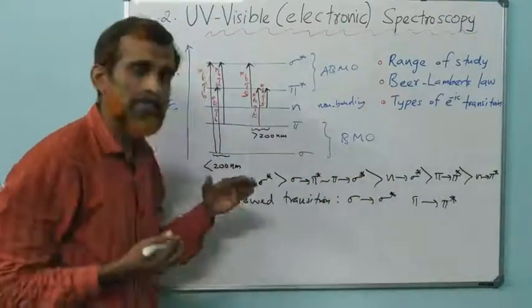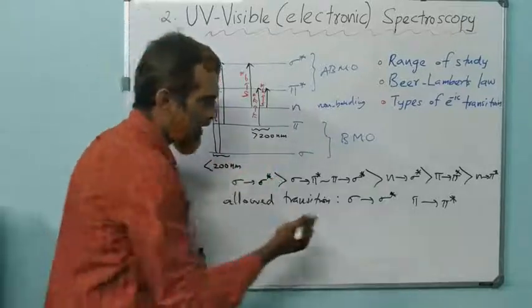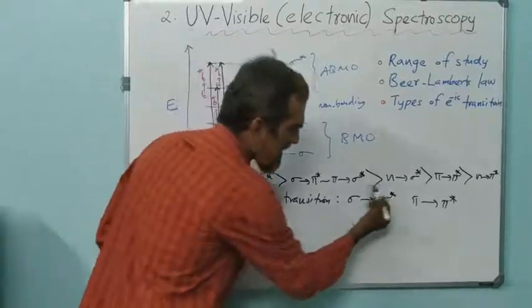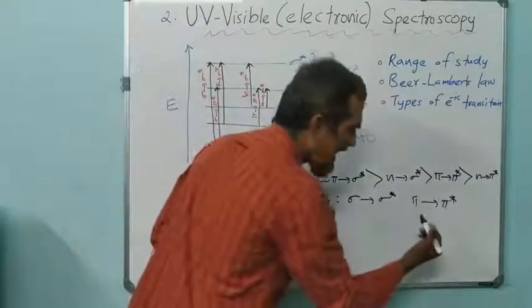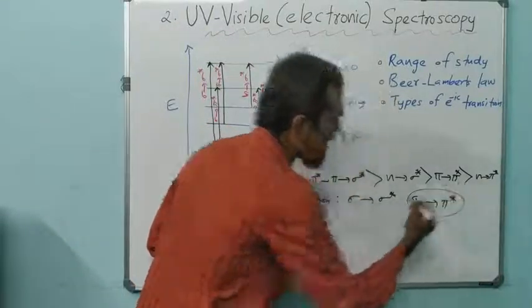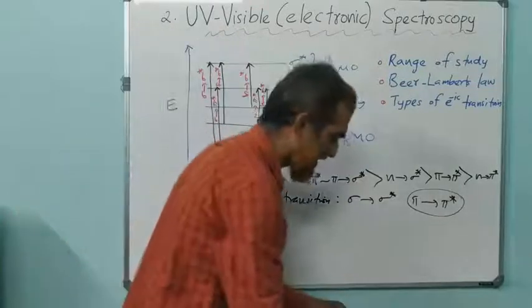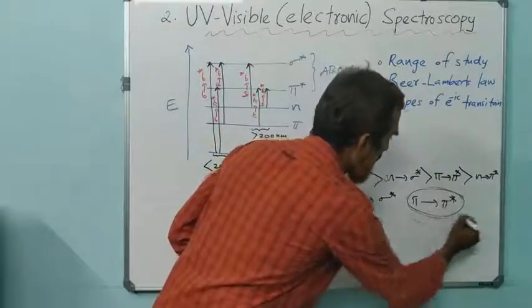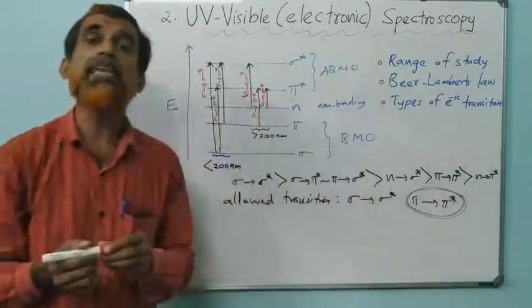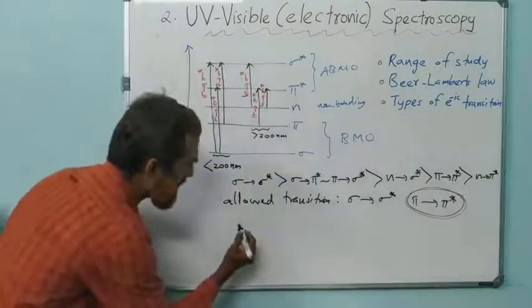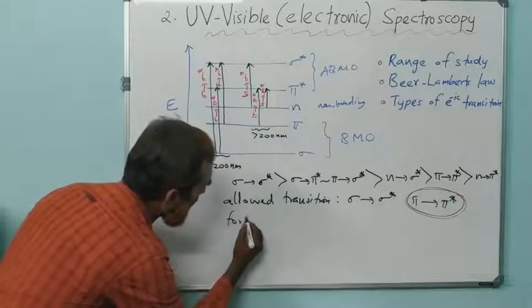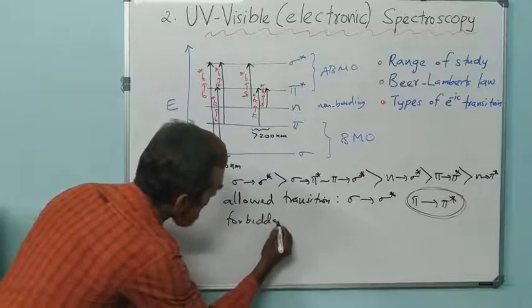And such transitions are more intense. As we have seen, sigma to sigma star is of less interest because it comes below 200 generally. So an important transition is pi to pi star, which is symmetry allowed, so it will be very intense also.